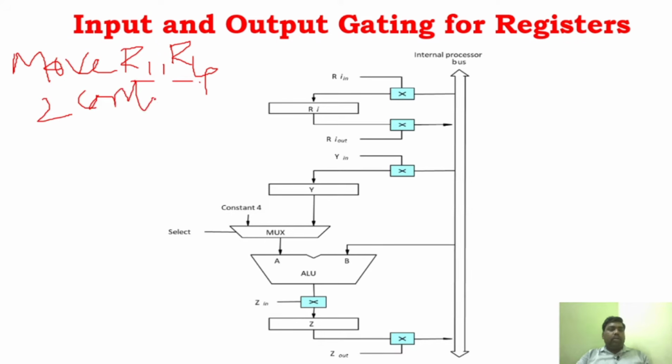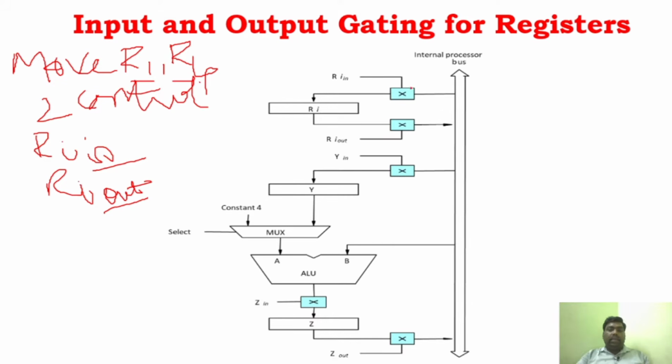One is Ri in and the other is Ri out. Ri can be R1, R2, R3, any register. One is input, another one is output.